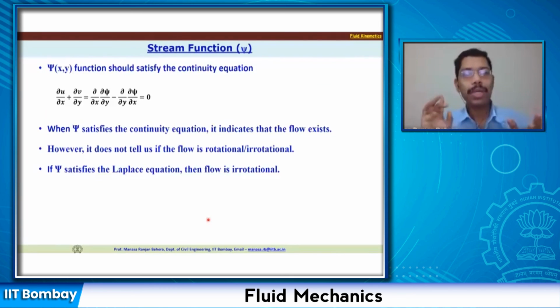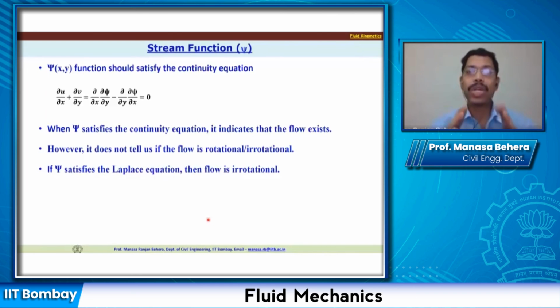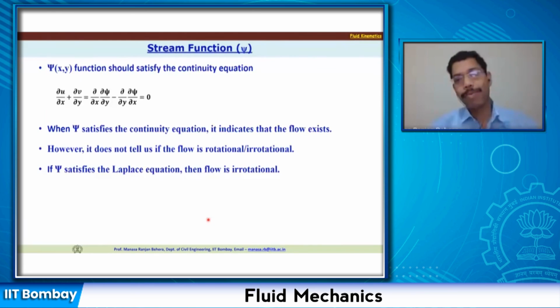That means the flow exists, and we know that the flow can be rotational or irrotational. So psi function can exist for a rotational flow as well as for an irrotational flow. Phi function, as we have already seen, will exist only when the flow is irrotational, whereas psi function will exist when the flow is rotational or irrotational.